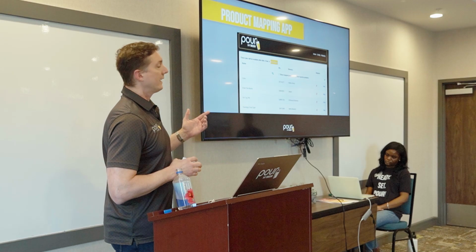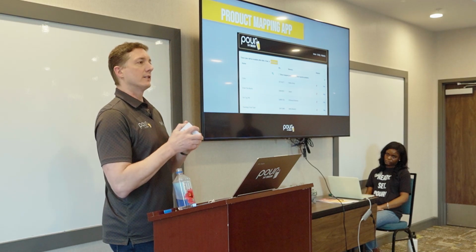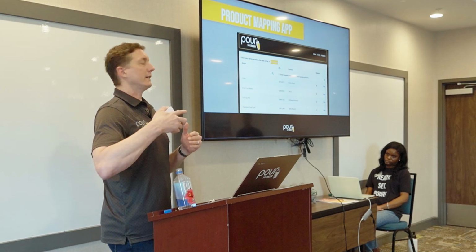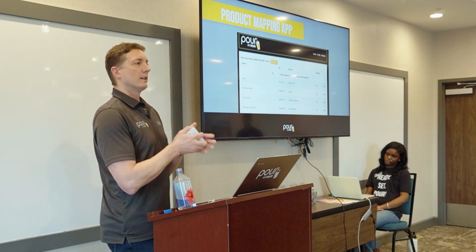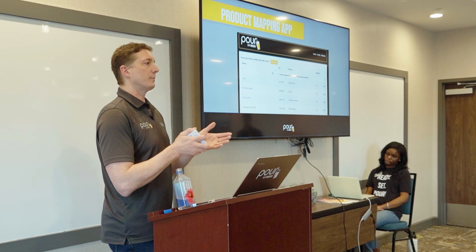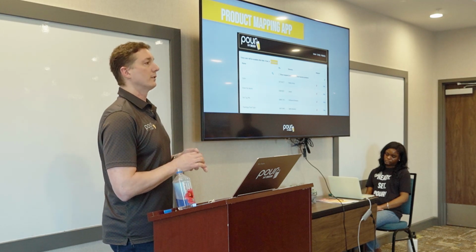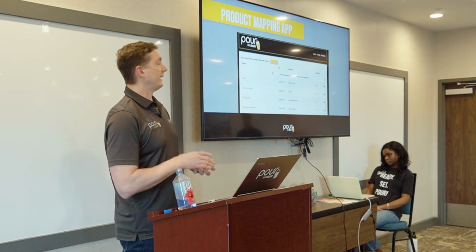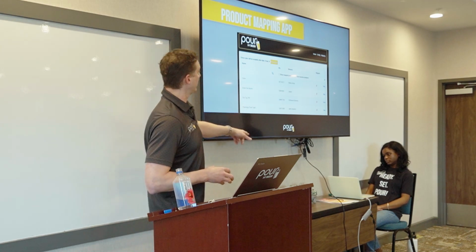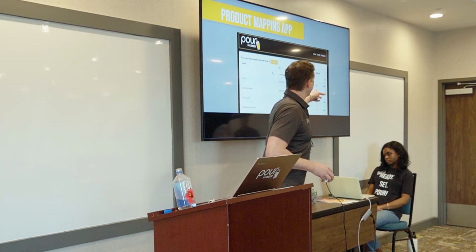Open this up. If the names match exactly, there's a process that runs, I think it's like every 12 hours or something like that, that looks for exact match product names in your POS, and then it'll match it up. But if you're adding a product today and you want to go live with it today, you have to go into this mapping tool, find the product that you just added, and hit the map button.